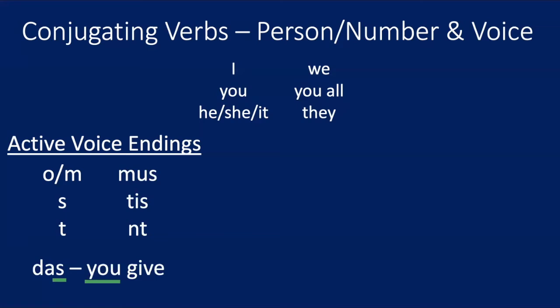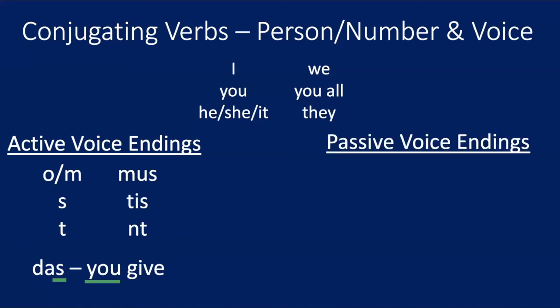We are also going to look at passive voice endings. And you might be questioning why, because in English, passive voice is very much discouraged. If you type in a sentence in the passive voice in a Word document, it will underline it and tell you to change it. However, in Latin, passive voice is extremely common, so we want to be familiar with it and its endings.